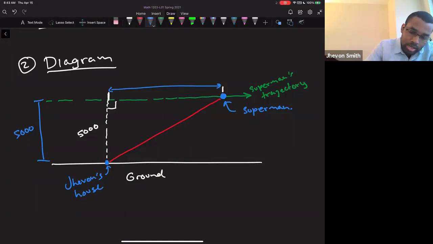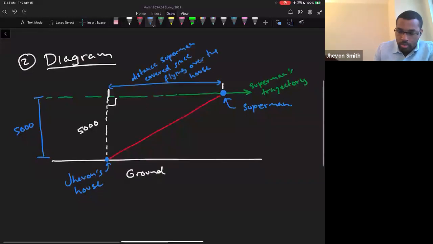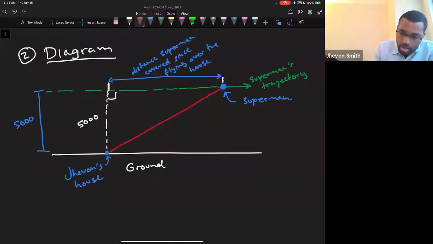So this here is the distance Superman covered since flying over the house. This is the distance between Superman and the house.